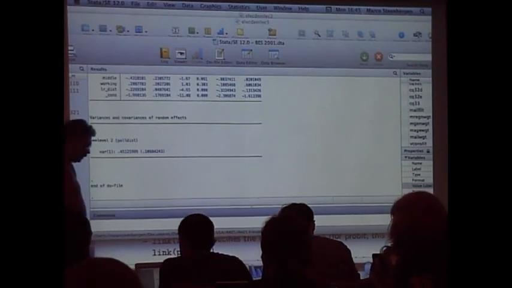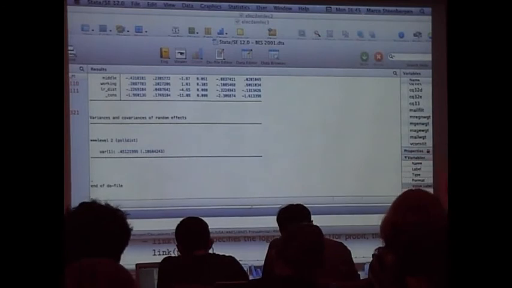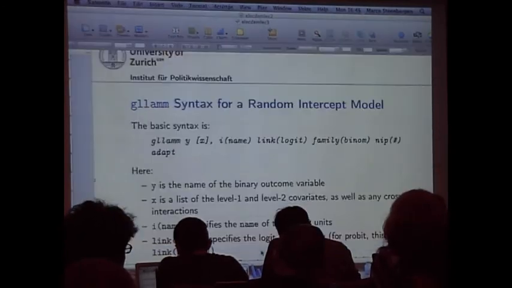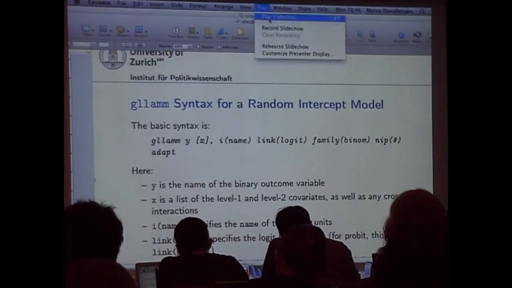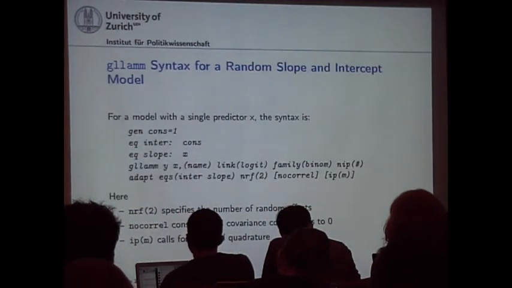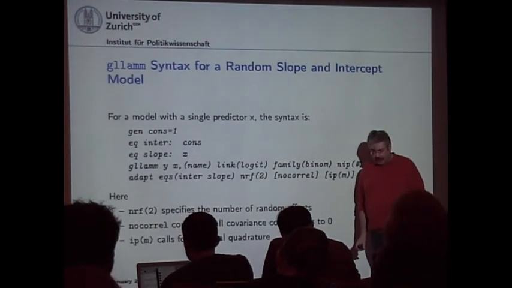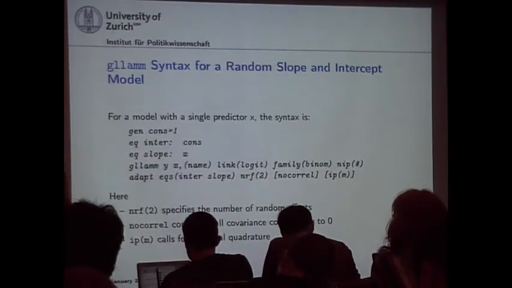What if I want to do a random slope model and a random intercept at the same time? Then the syntax changes a little bit, because what you then have to do is specify equations. And this is how that works.